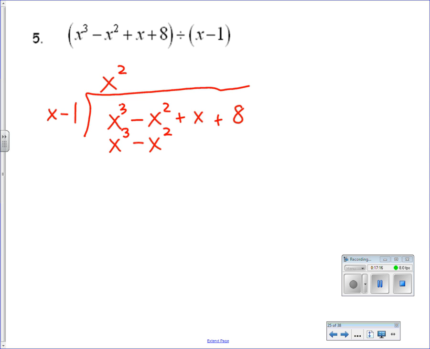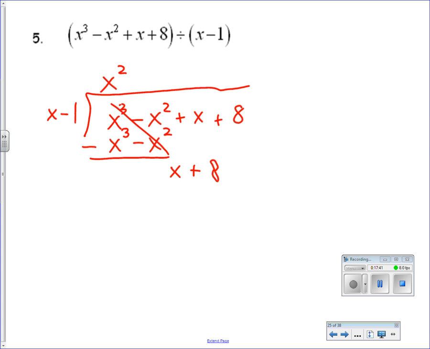So when I subtract, they both cancel out. So therefore, I'm going to bring down both of these pieces. That's the only time, Paloma, I'll ever do that. So whenever you get a 0 remainder, you always want to have 2 pieces. So that's why I'm going to bring them both down. So I brought down the x plus 8 because already this is a 0.